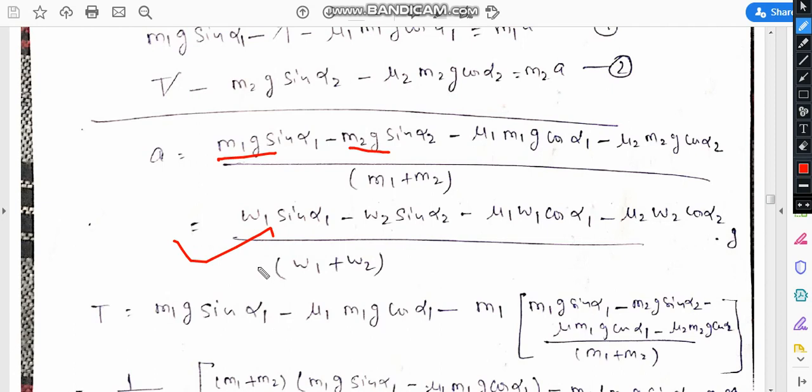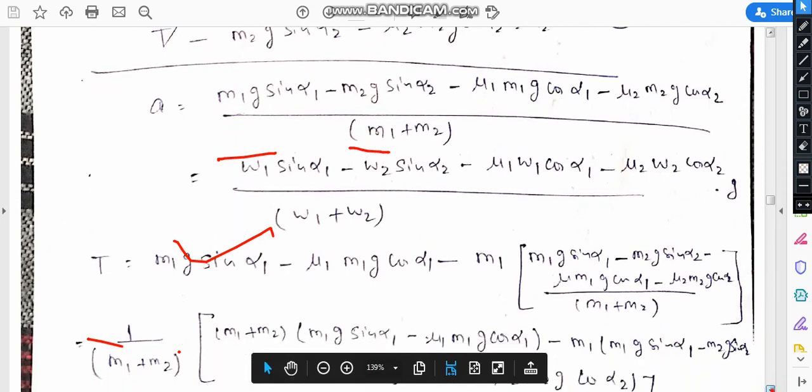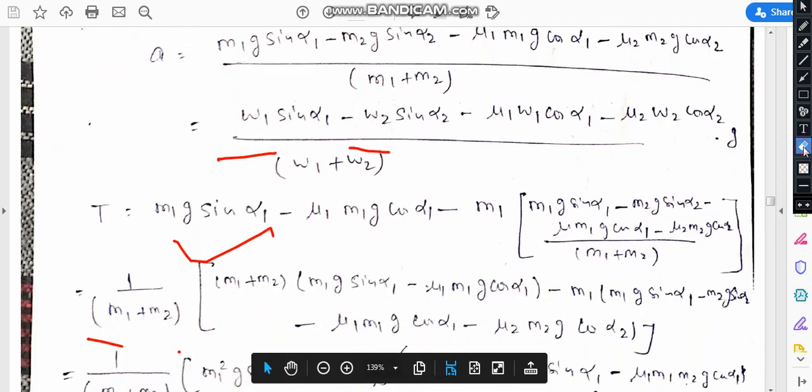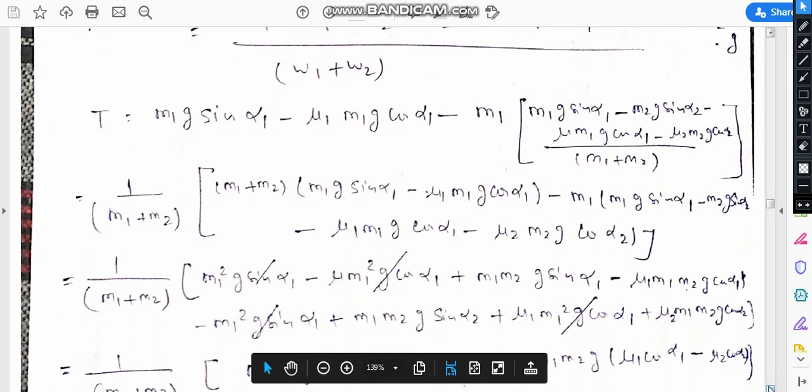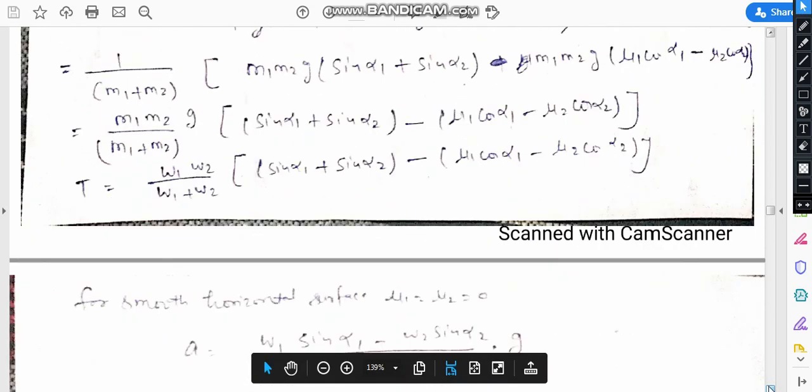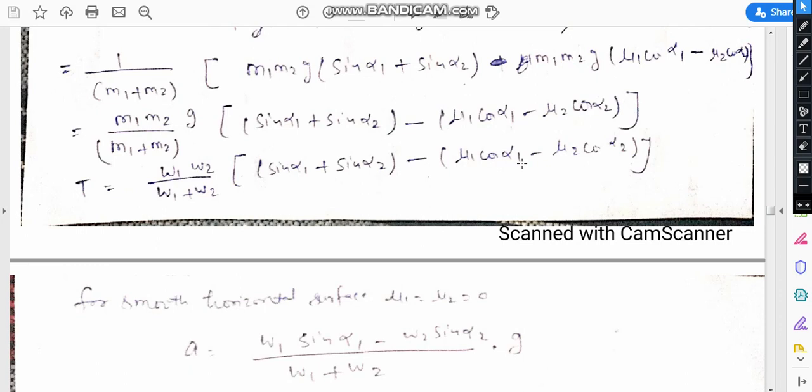By putting this value of a in this expression, we determine T. This is simple mathematics; you can understand these steps from the notes. After solving we obtain the expression for T: w1 w2 upon w1 plus w2, times sin alpha 1 plus sin alpha 2 minus mu1 cos alpha 1 minus mu2 cos alpha 2.